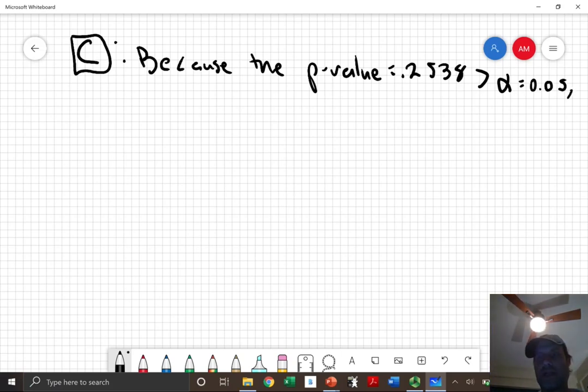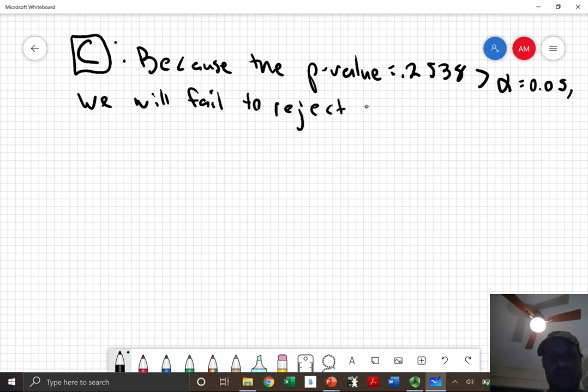Okay, what are we going to say right here? Since the p-value is greater than the bar, we are going to fail to reject H naught, okay?